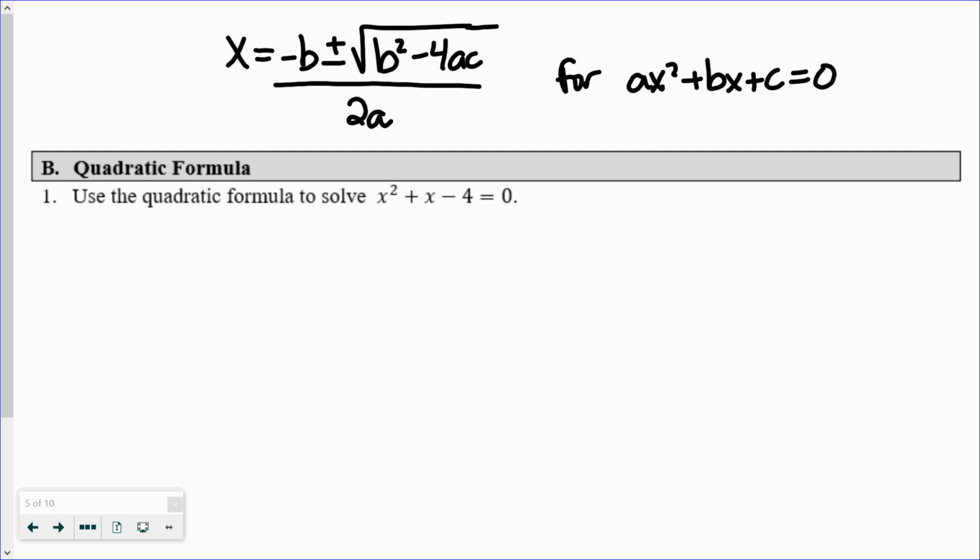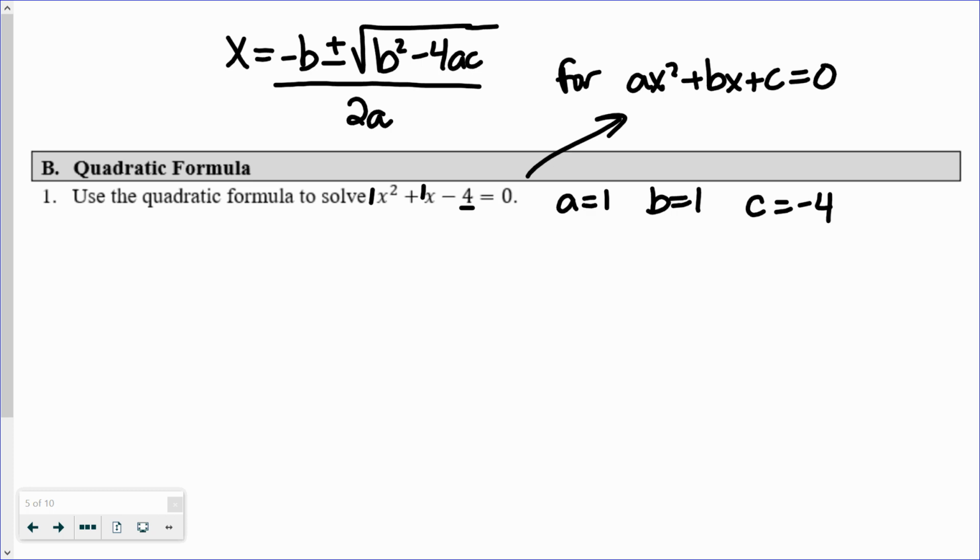And so I think this is the question from the last page. x squared plus x minus 4 is equal to 0. So just looking at this, my a value, again, there's ones here if you don't see any numbers. So a is equal to 1. Our b value is the number in front of your x to the power of 1, so b is equal to 1. And our c value is equal to -4.